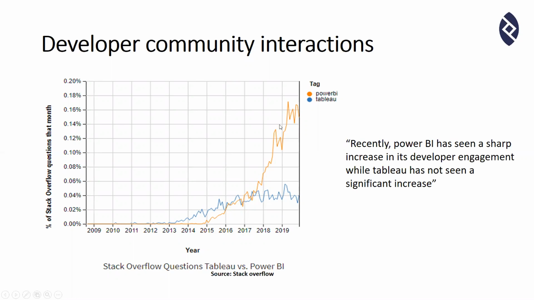I believe the trend will continue like this because more people are getting onboarded into the Power BI community and using more of Power BI. So it's very interesting to see the engagement levels of people that use each of these two platforms.